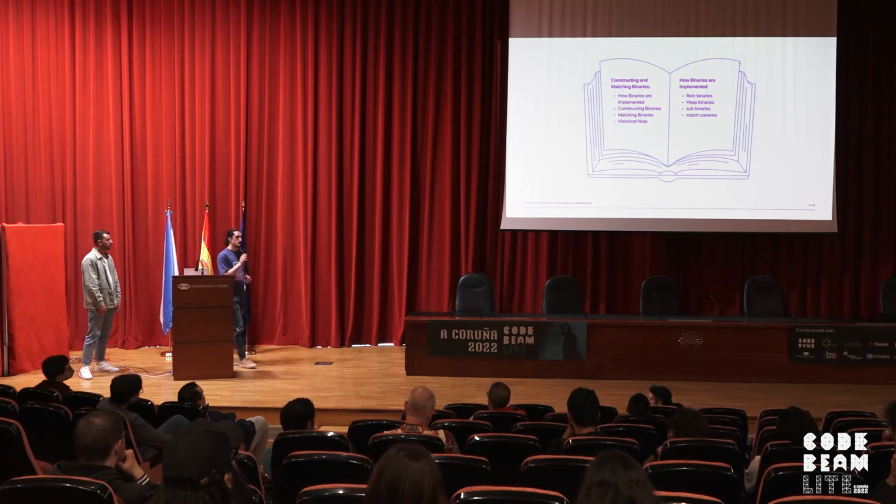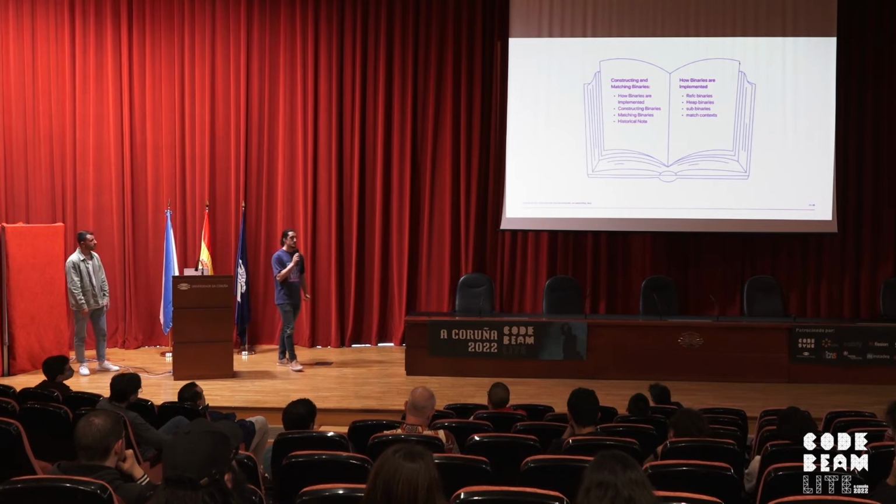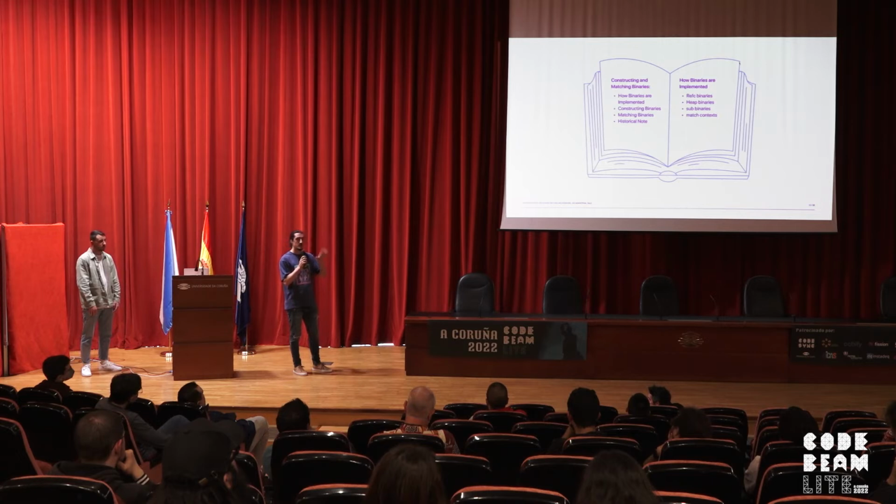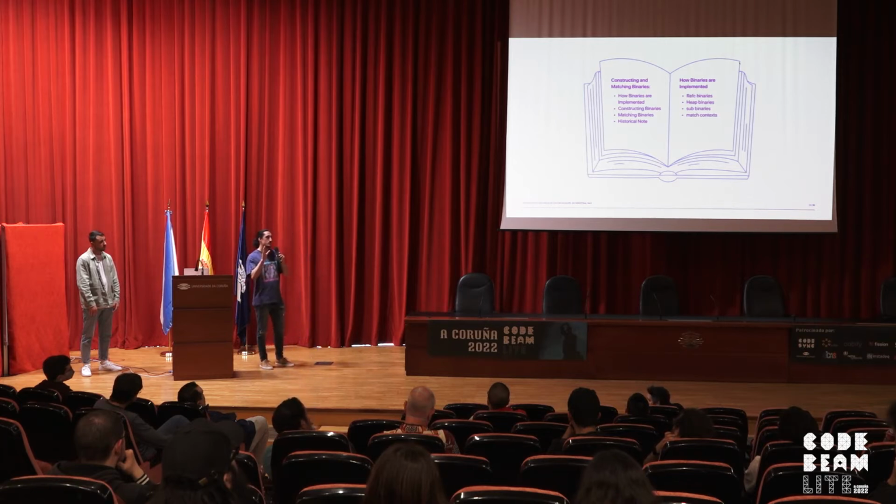And sub-binaries basically generate when we split a binary, either with the split binary function or using a binary pattern against a binary. And match contexts are also references to binary containers, but they are optimized for the process of matching out parts of a binary from a binary.